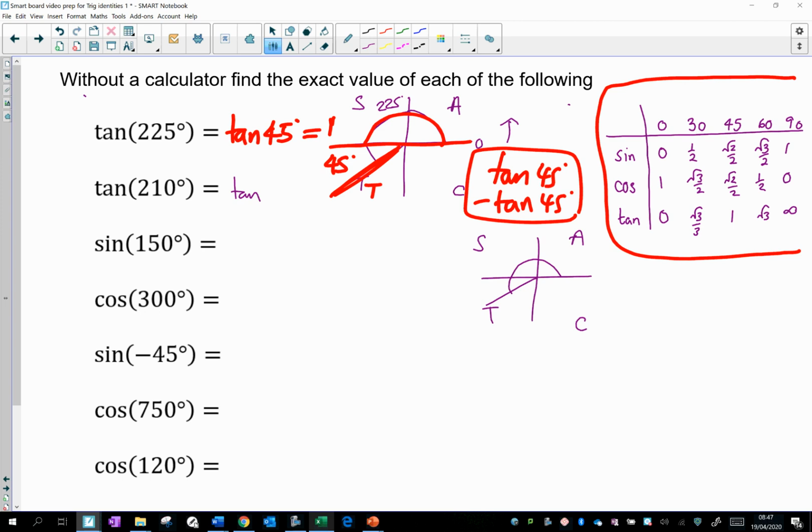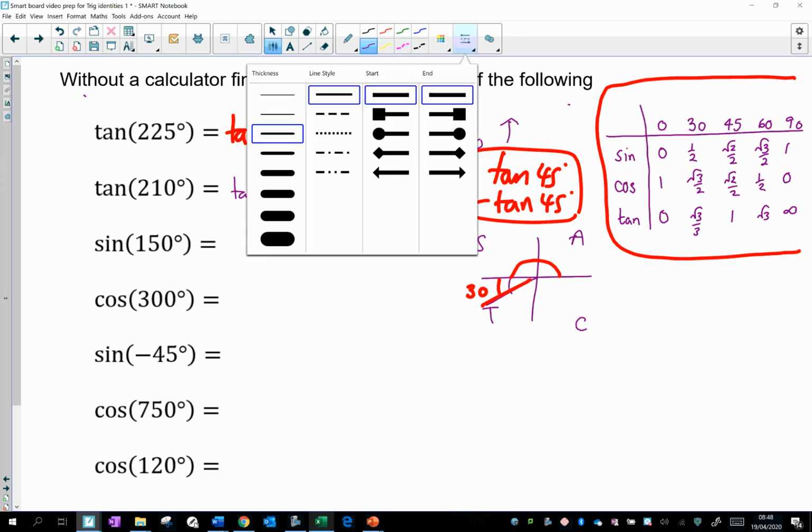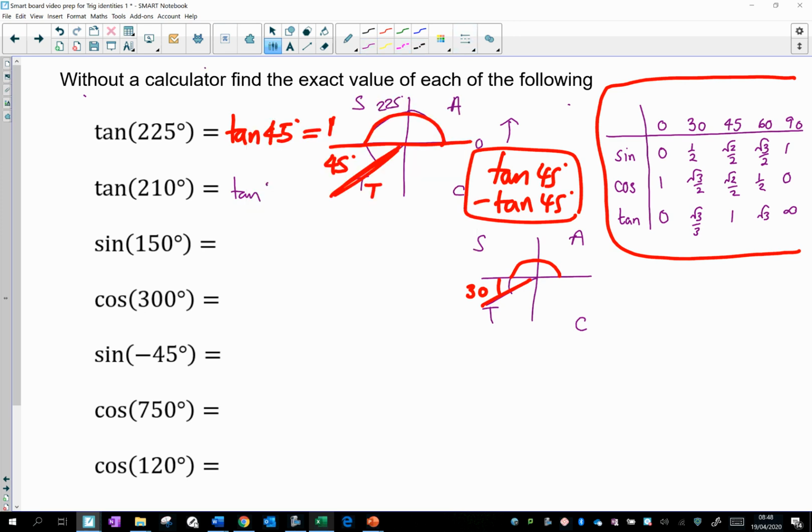Well, what's the angle between the line that I've drawn here and the x-axis? If that's 180, the whole thing is 210, so this angle here must be 30, so it's the same as tan of 30 degrees. And tan 30, if we look at the table, is root 3 over 3. No need for a calculator.